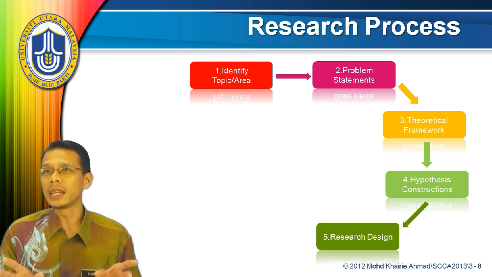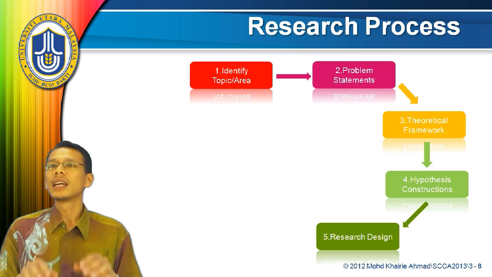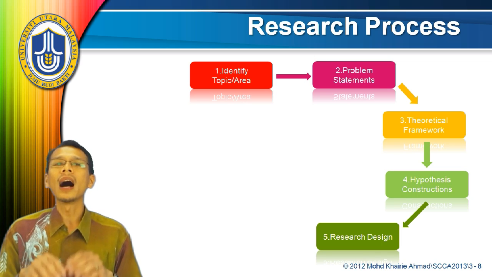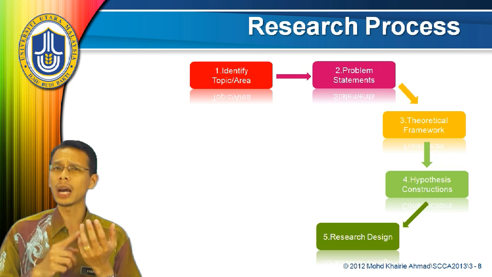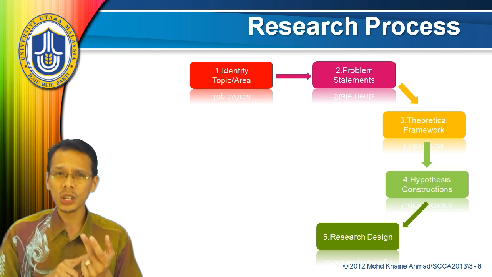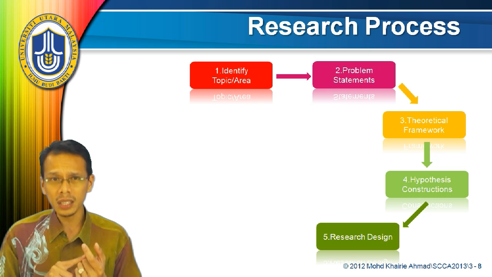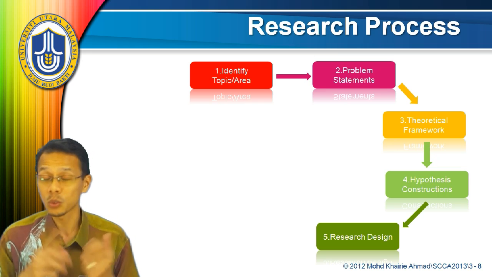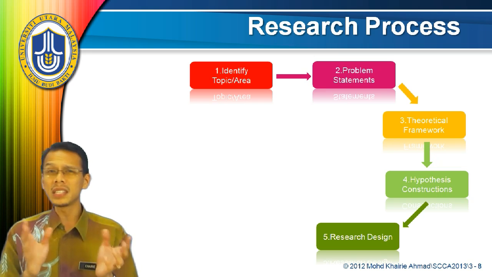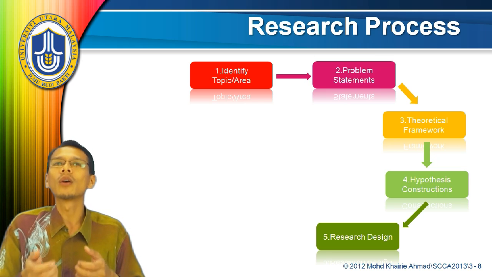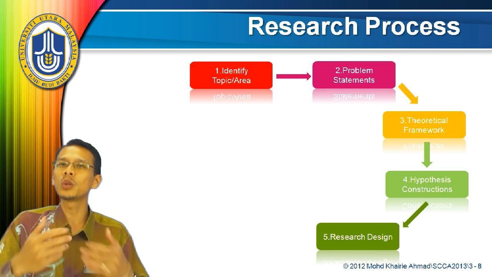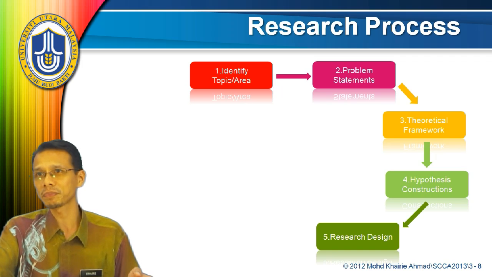Simply, when we talk about research design, we are talking about how we are going to conduct our research. How are we going to collect our data? Who is our respondent? What is our data? And so on. So research design is something like your strategic planning about how you're going to conduct your research.